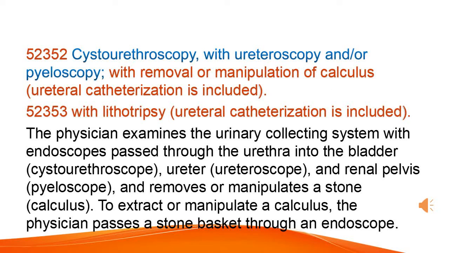Cystourethroscopy with ureteroscopy and/or pyeloscopy, with removal or manipulation of calculus, ureteral catheterization is included. With lithotripsy, ureteral catheterization is included. The physician examines the urinary collecting system with endoscopes passed through the urethra into the bladder, cystourethroscope, ureter, ureteroscope, and renal pelvis, pyeloscope, and removes or manipulates a stone, calculus.